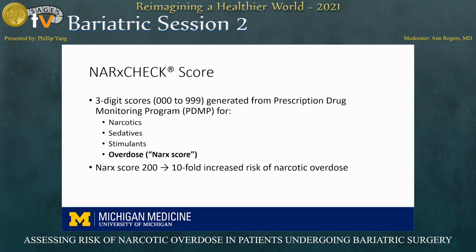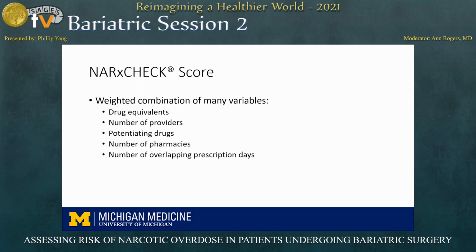Previous studies have shown that a NARC score of 200 equates to a 10-fold increased risk of narcotic overdose. This score is a patented algorithm that is a weighted combination of many variables: drug equivalents, number of providers, potentiating drugs, number of pharmacies, and number of overlapping prescription days.